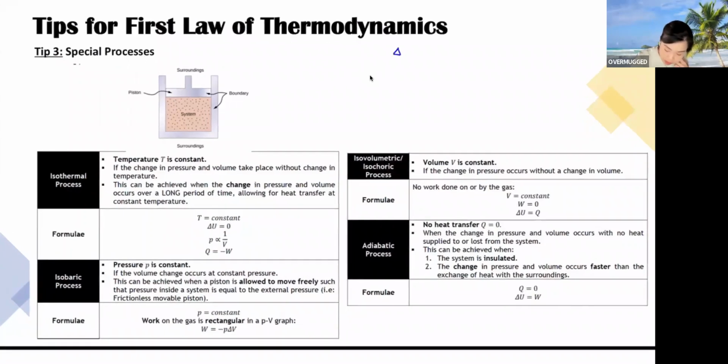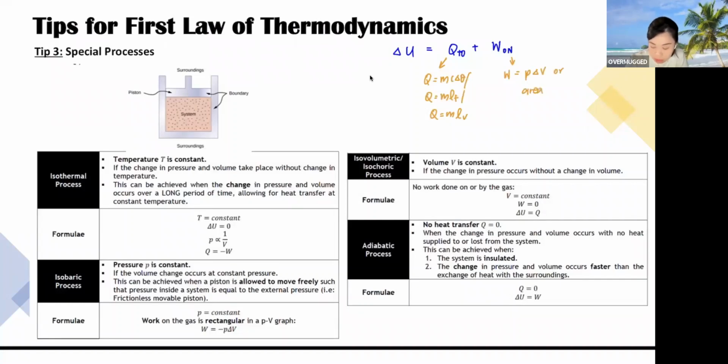Because if you guys remember, the first law of thermodynamics states that the change in internal energy is equal to Q plus W. And then we have already seen earlier on that Q can be calculated by using Q equals MC delta theta, Q equals MLF, or Q equals MLV. Okay, then work done on the system is calculated by pressure times the change in volume, or it could be the area under the PV graph.